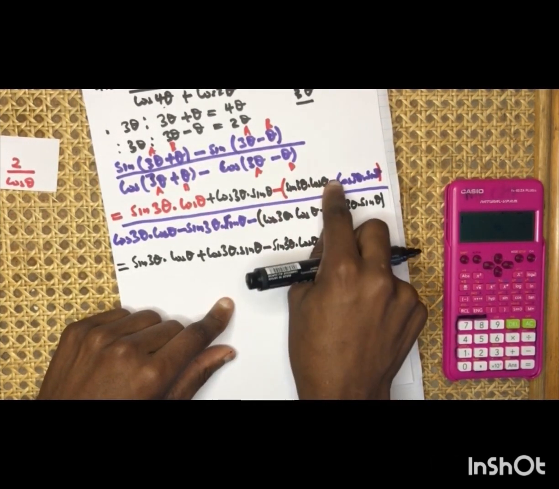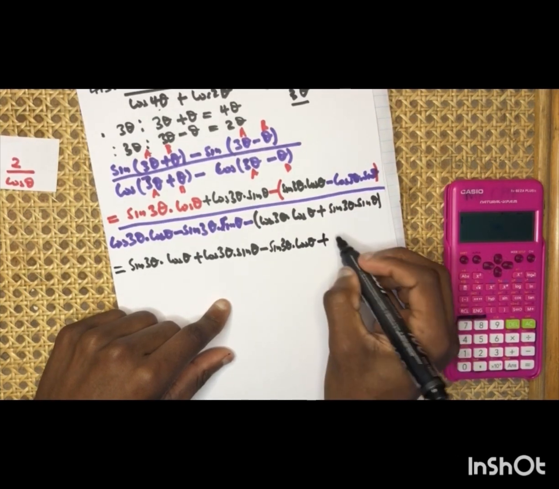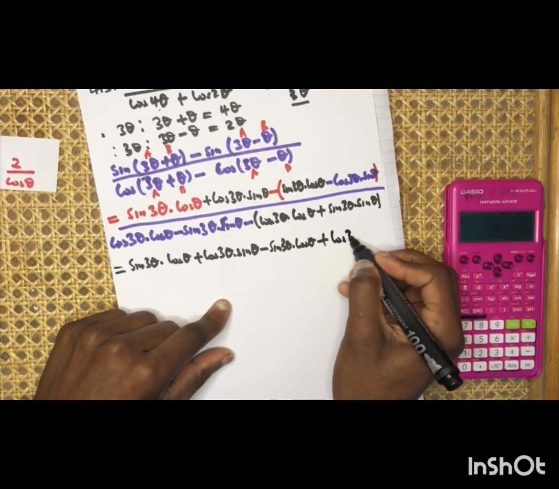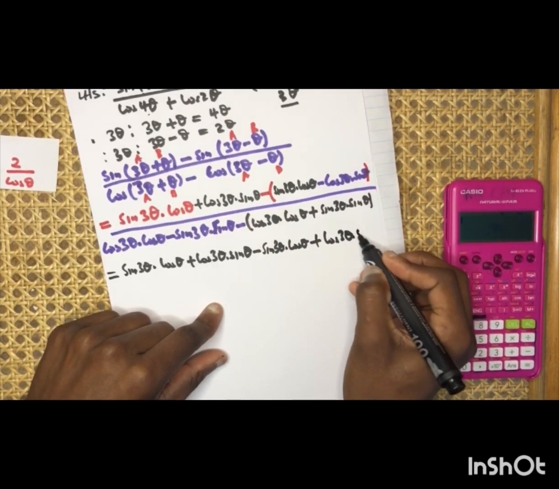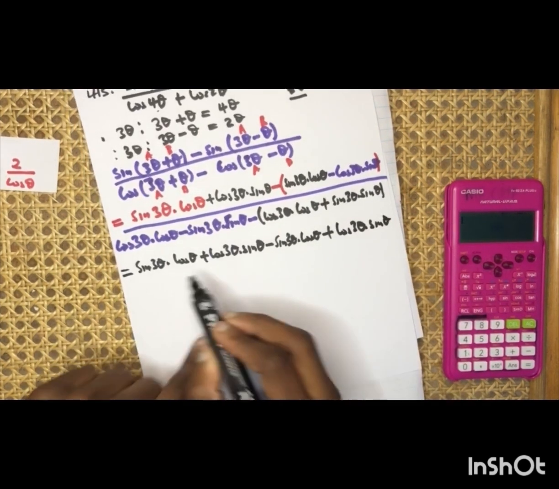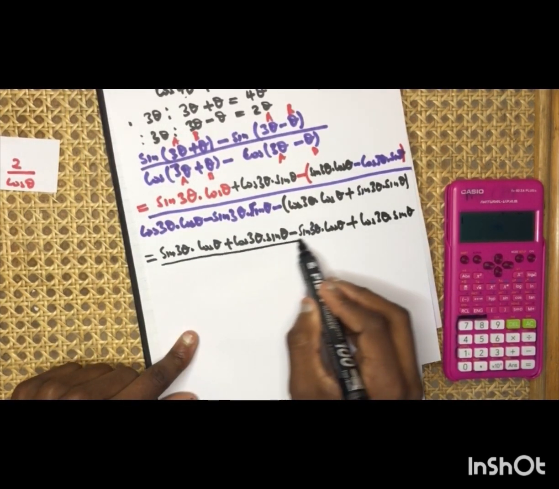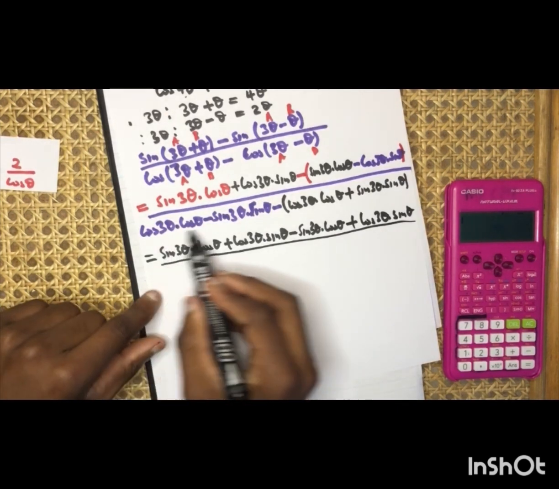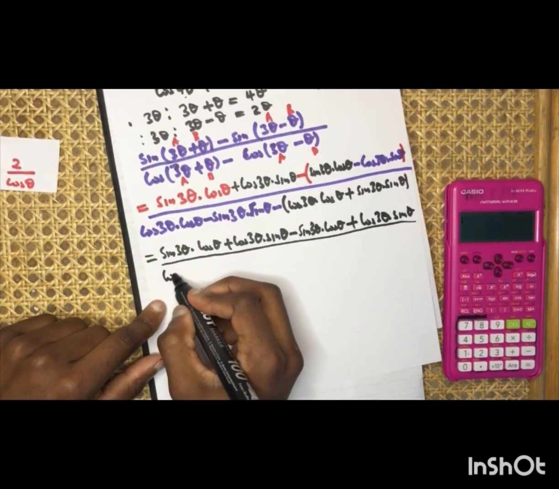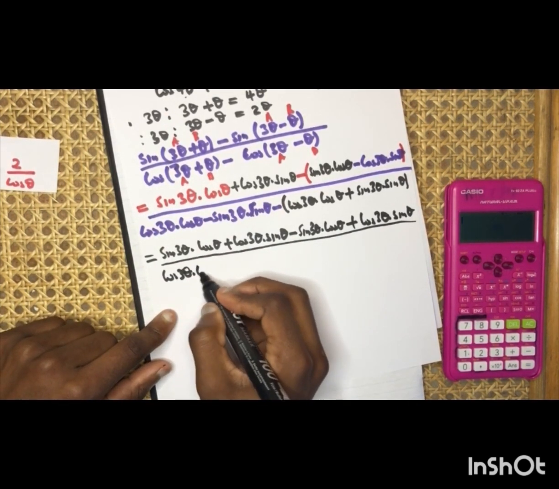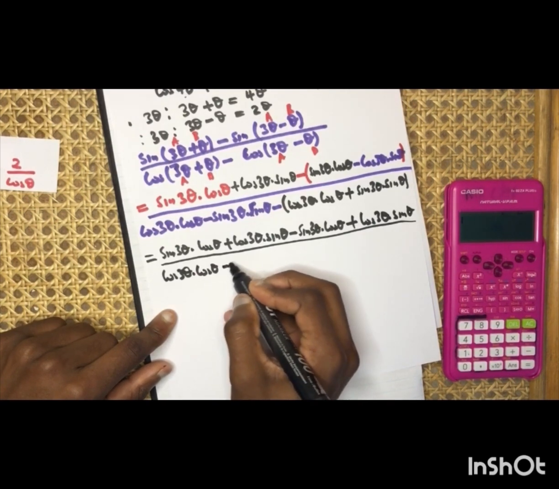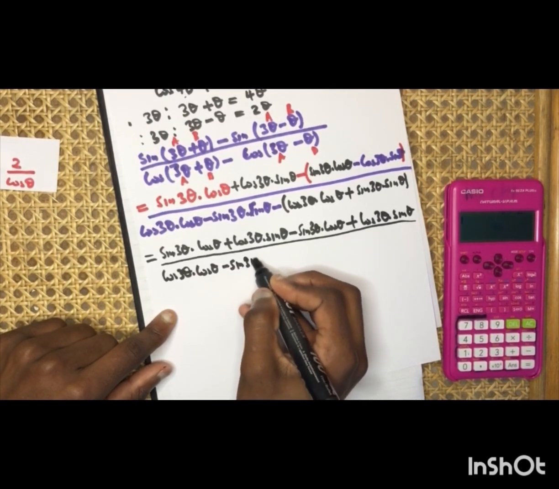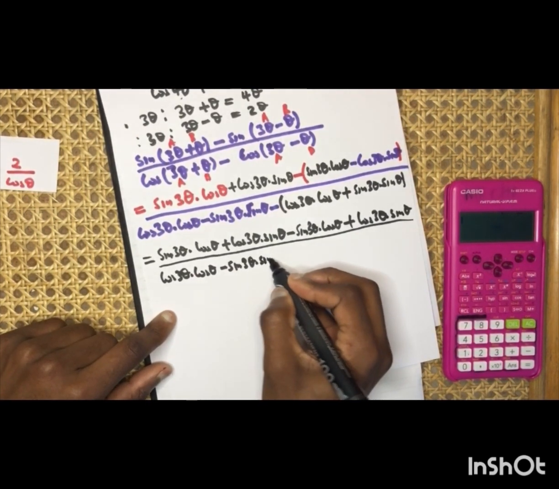So a negative times the positive, then you will get positive cos 3 theta sine theta. Then you drop again this one, cos 3 theta cos theta minus sine 3 theta sine theta.